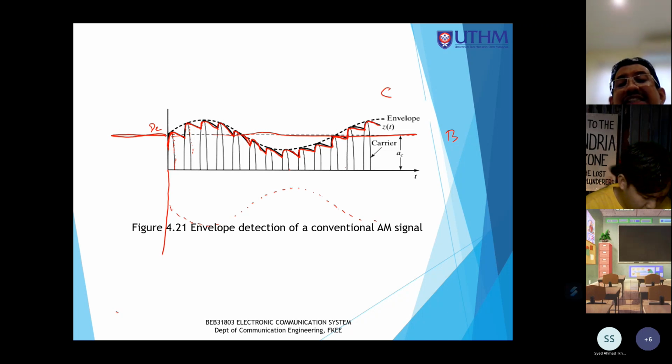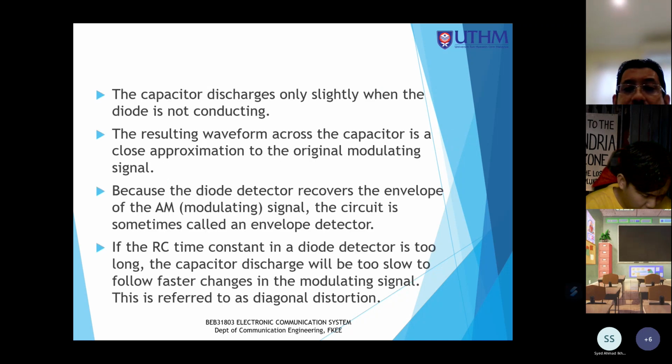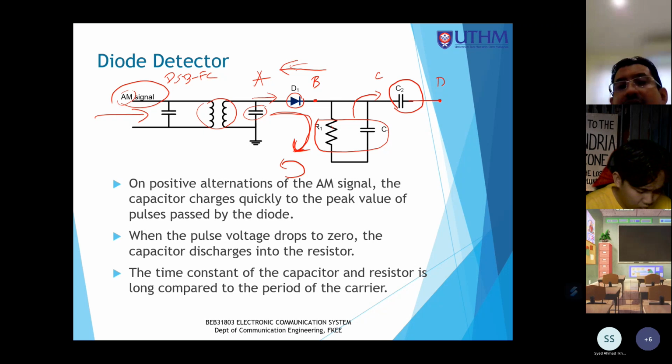Okay, so what's next at point D? So at point D, kalau you lihat pada point D, dia akan lalu capacitor C2. Okay, capacitor C2, the purpose of this capacitor is to remove the DC voltage. So what happen if we remove the DC voltage?